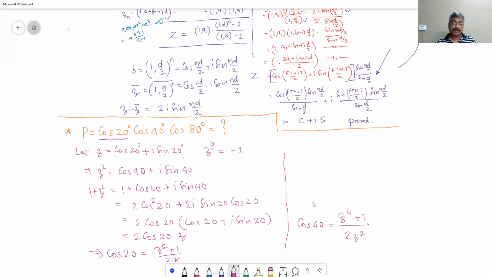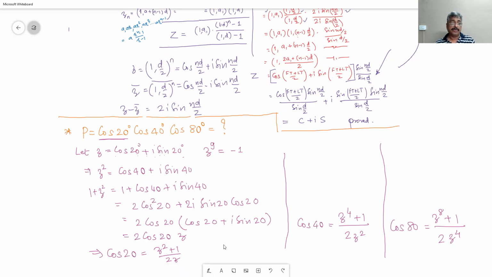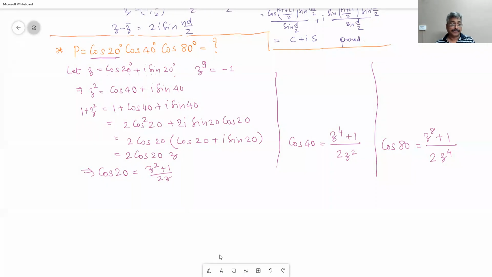You write down these steps to get this result. Then cos 80 is equal to z raised to 8 plus 1 upon 2 into z raised to 4. Write down these steps to get this result. Once you are done with them, we will proceed.